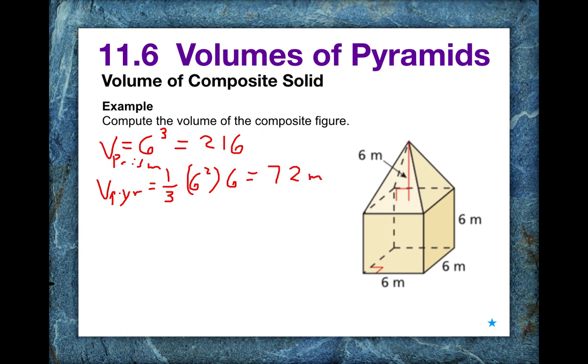And this is meters cubed. So this is also meters cubed. And we add those two together, and the sum total of those two, 216 plus 72, gives us 288 meters cubed for the final answer to this composite solid.